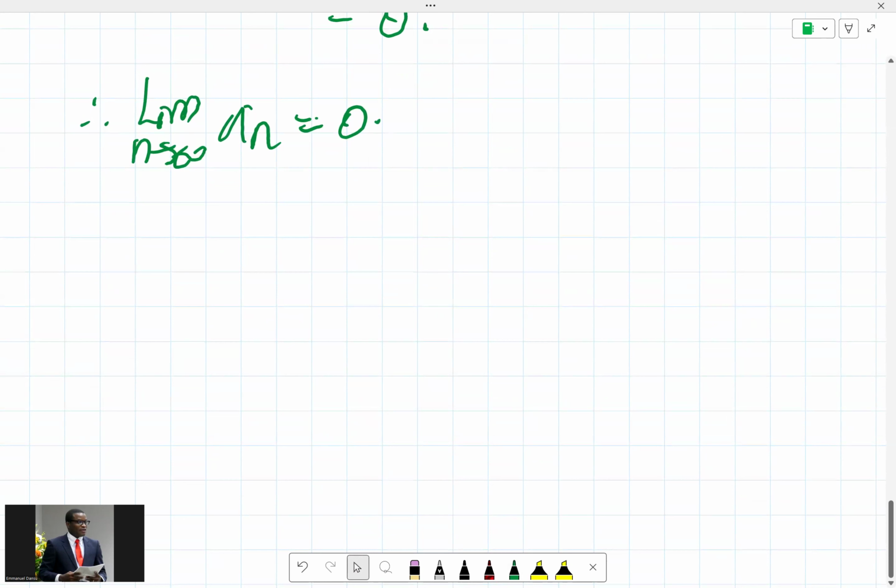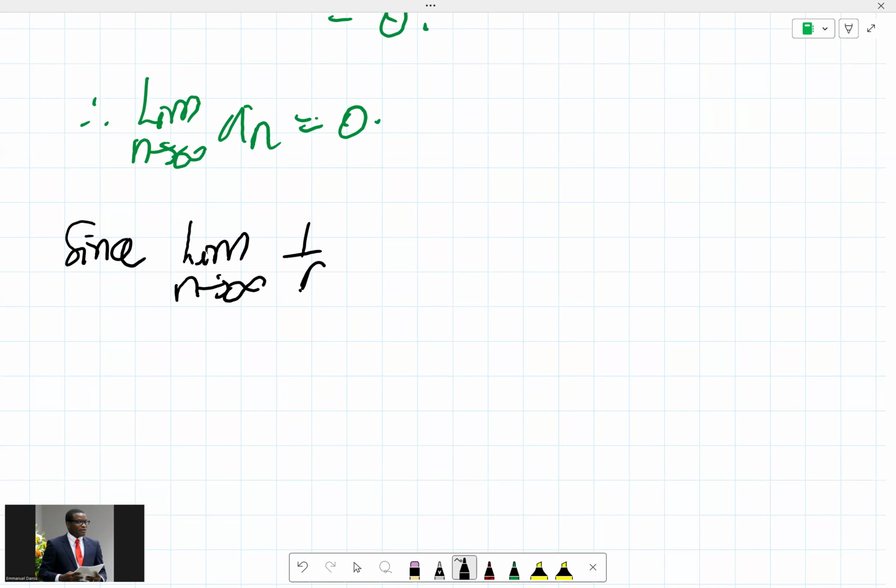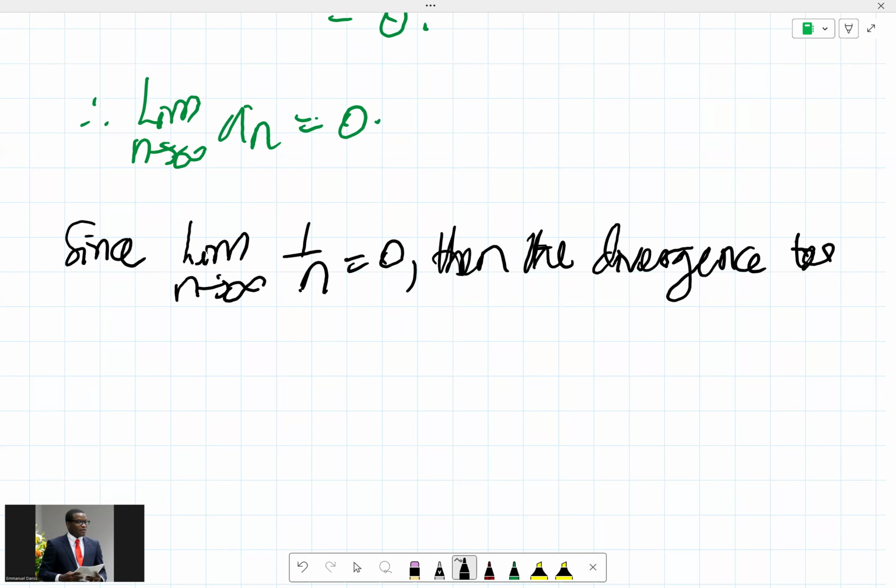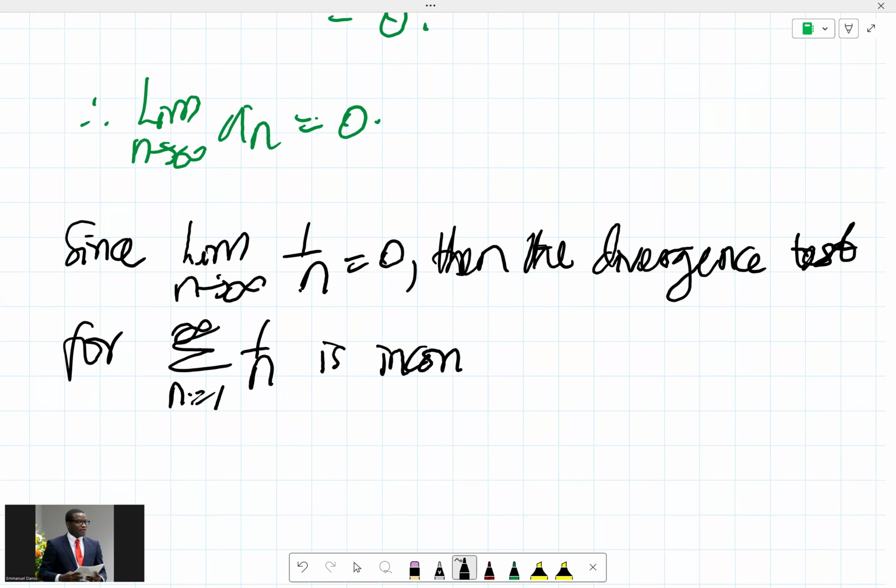So we can reach our conclusion now that since the limit as n goes to infinity for 1 over n is equal to 0, then the divergence test for summation from n equals 1 to infinity of 1 over n is inconclusive. And with this, we come to the end of this video.